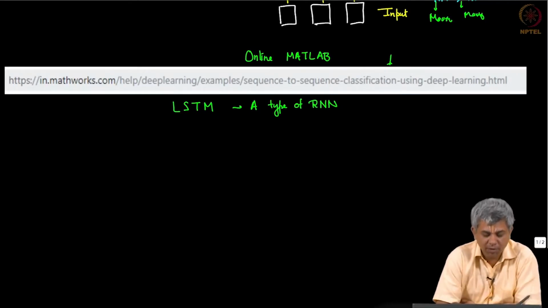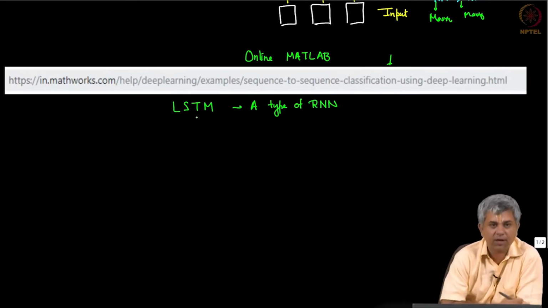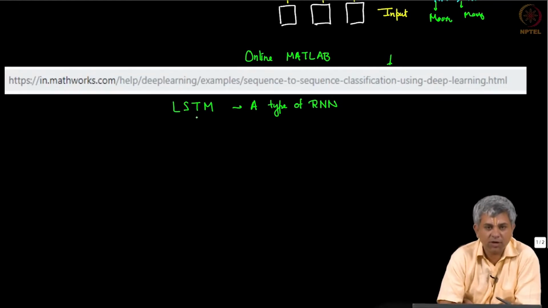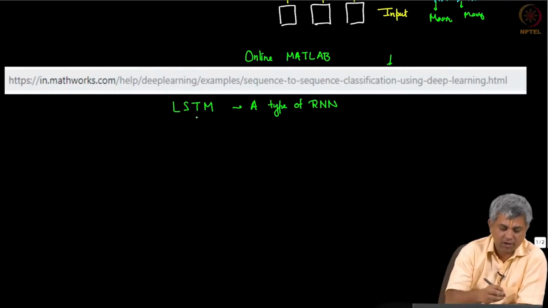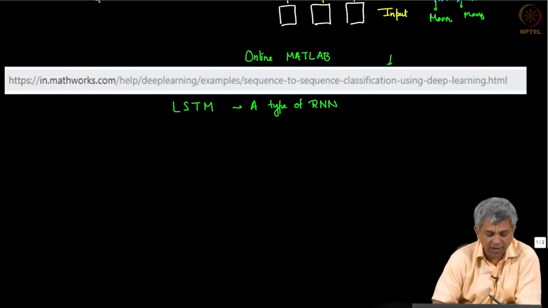So, the relationship between RNNs and LSTMs is somewhat similar to the relationship between CNNs and any particular architecture, let us say LeNet or AlexNet, all those architectures that you saw. So, LSTM is a certain type of architecture of an RNN. That is what is used within this example. So, whenever you hear LSTM, please think simply RNN. Okay. So, let us come to this example.